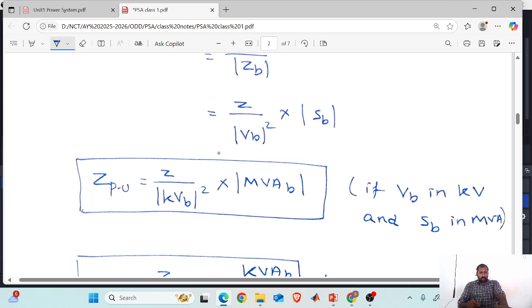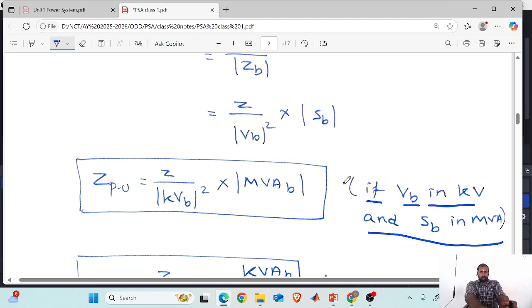Z per unit is equal to Z divided by... So if the voltages are in kV and the apparent power in MVA, you can write the formula Z divided by kVB square into MVAB. So here you can see VB in kV and SB in MVA, right?